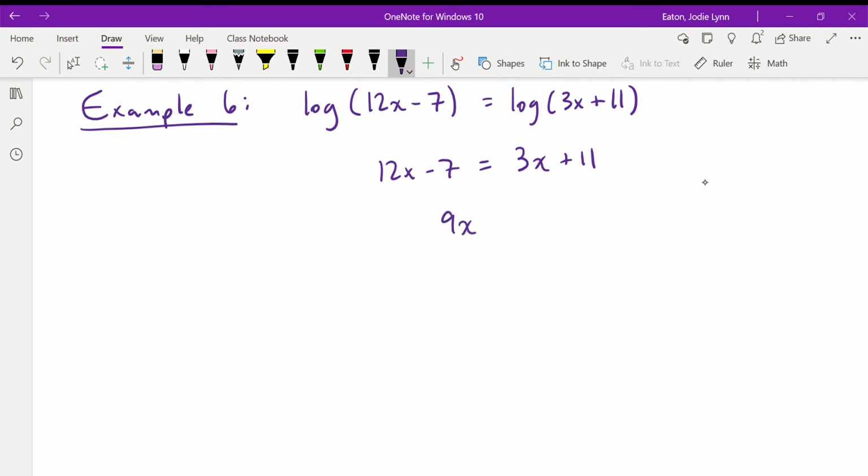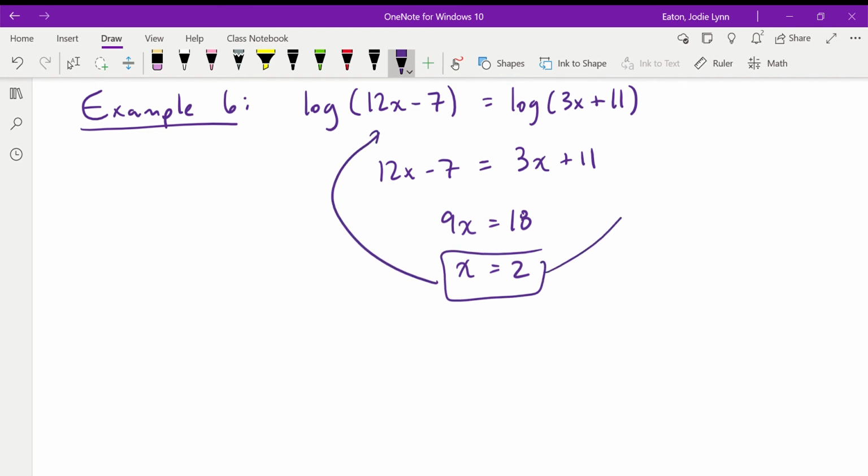I get 9x on the left side equals 18, and x equals 2. But I have to check to make sure, because remember, we can't take a log of 0 and we can't take a log of a negative. So I have to check that my x equals 2 actually gives me a positive number inside both logarithms. Otherwise, this equation is not going to exist.